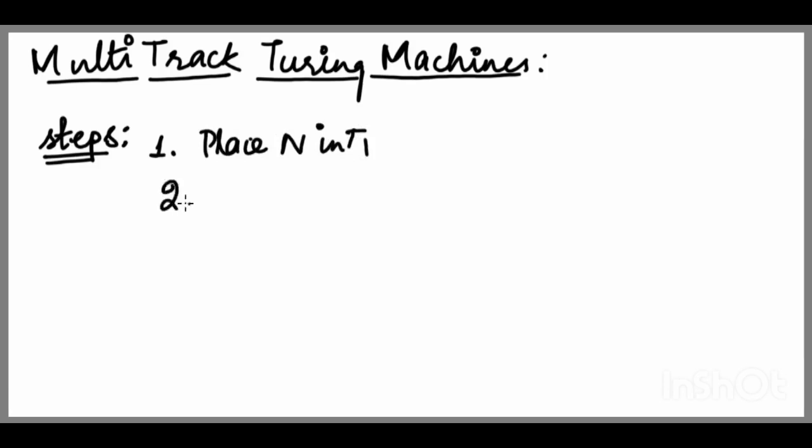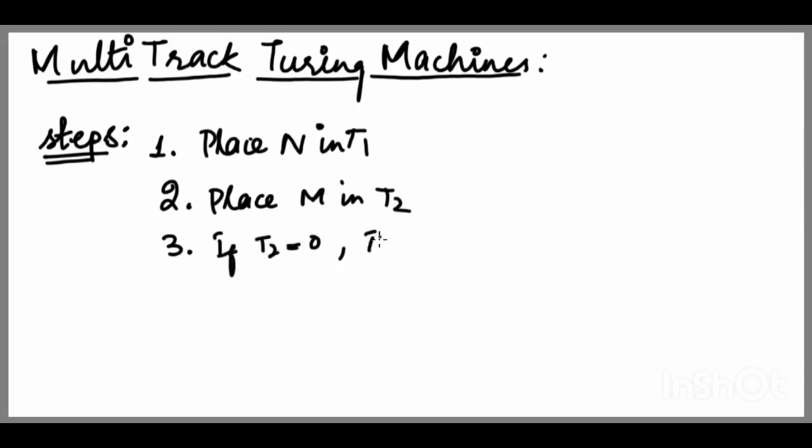Step 2 would be placing the multiplicand in track 2. Step 3, if t2 equals 0, we make t3 equal to 0 and the result is in t3.